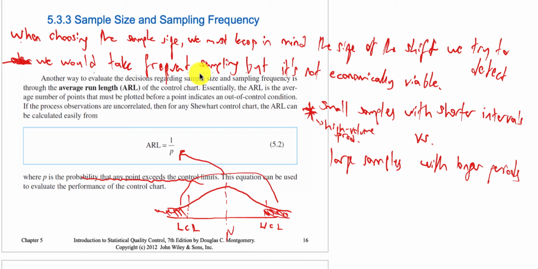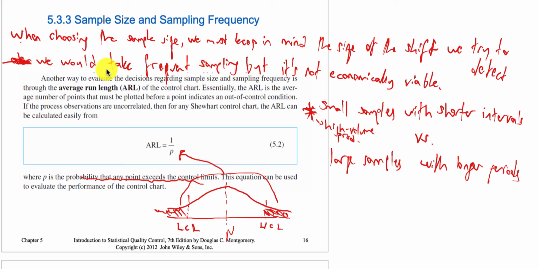Also, we can, for example, take small samples with shorter intervals, so frequently. And also we can take large samples. The sample size will be large, but we are going to take these samples with longer periods. So it's not going to be frequent sampling. It's going to be infrequent sampling. So this is like a trade-off. We can use this trade-off and decide. But in industry, if you produce high volume products, the small samples with the shorter intervals is the most used approach.